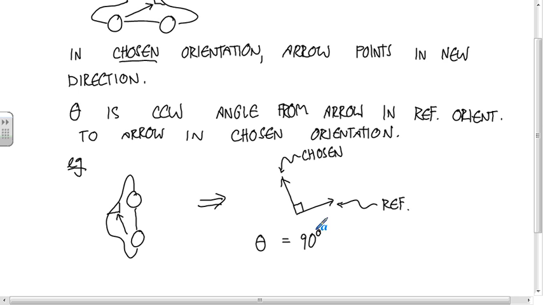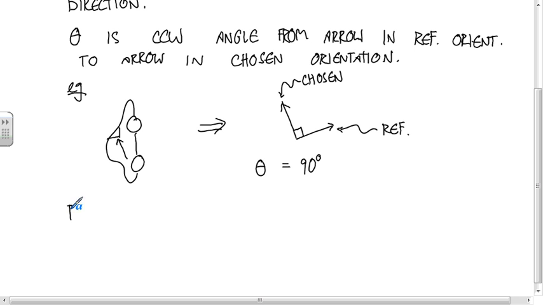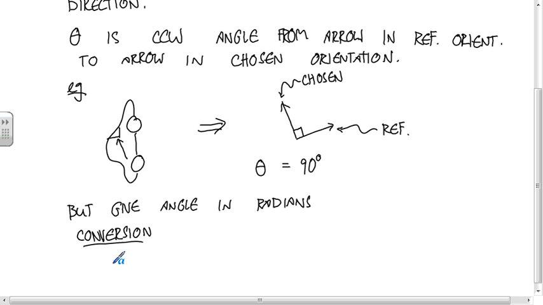But we don't represent these in degrees, we represent them in radians. And since we're more used to thinking in degrees for angles, it's helpful to have a conversion. To convert degrees to radians and back, just remember that pi radians is equal to 180 degrees.